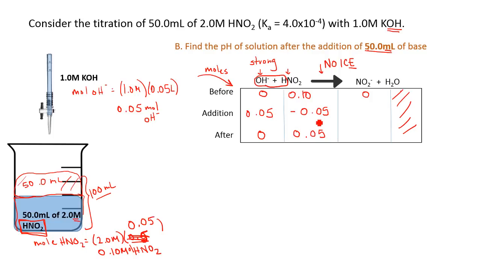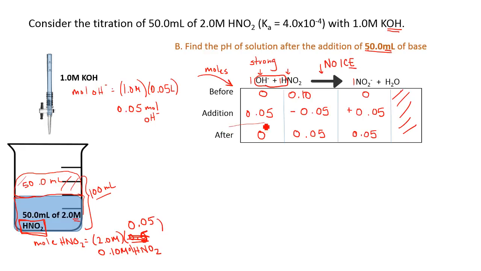If I subtract those two values, I have made 0.05 moles of NO2 minus. My stoichiometry is 1 to 1 to 1. So I have 1 unit of 0.05, 1 unit of 0.05, 1 unit of 0.05. I'm losing it in this reactant column and I'm gaining it in the product. Okay, so I had none. I added 0.05, 0.05.